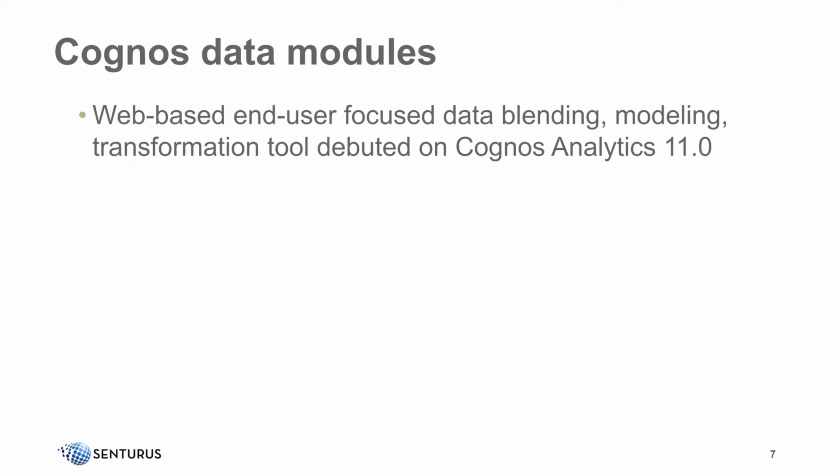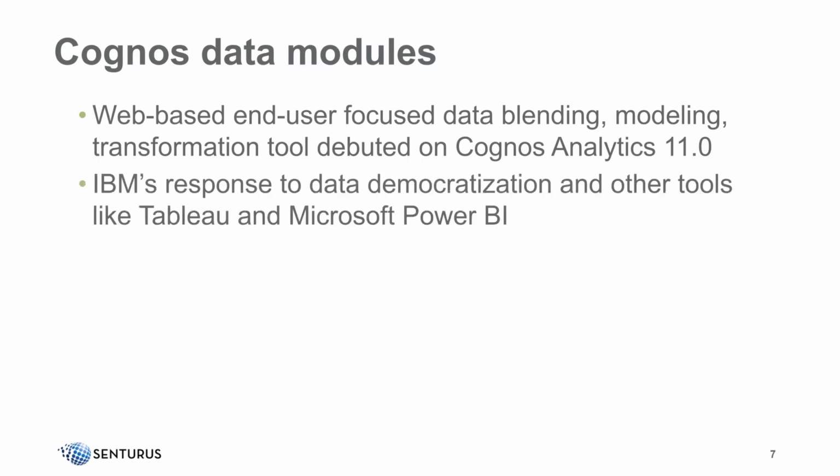So Cognos data modules came out with 11.0. It's a web-based and user-focused data blending, modeling, and transformation tool, debuting with Cognos 11.0, allowing end users to do their own modeling within the Cognos tool set without having to use Framework Manager.